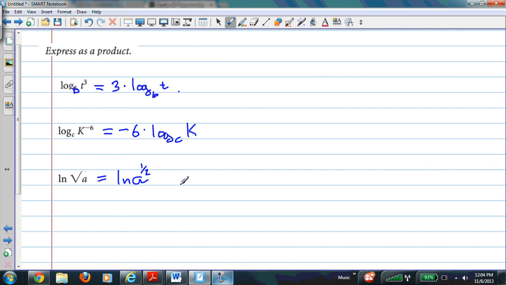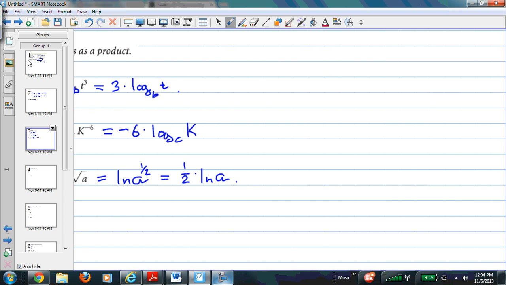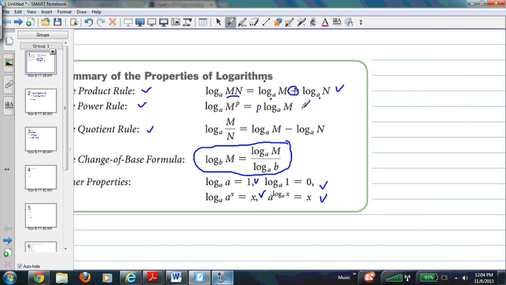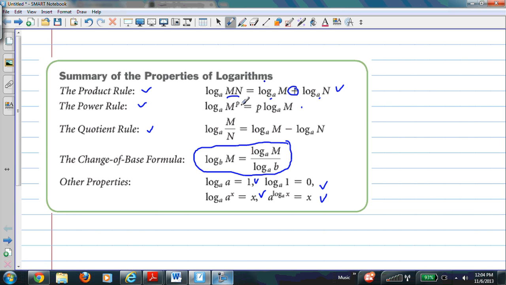Radicals are fractional exponents. So here we can use the power rule again and bring 1/2 down, and that leaves us with natural log of a. Alright? So that's just all those three examples. We're using the power rule. The power rule suggesting if you have a logarithm of an exponential expression, the power can be brought down.